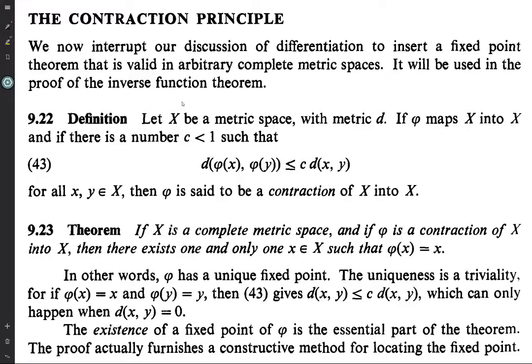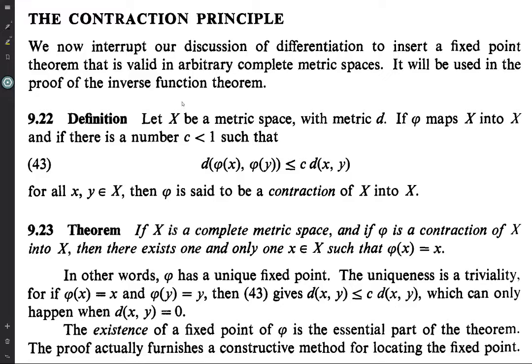You can sort of think in your head, well, if any two points are going to get closer together under this function phi, then maybe there's a point where everything sort of comes together, particularly if you were to send points through this function over and over and over again. And in fact, that's sort of how the theorem goes.